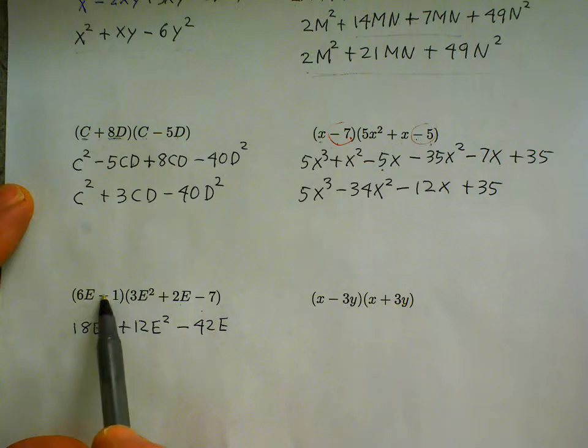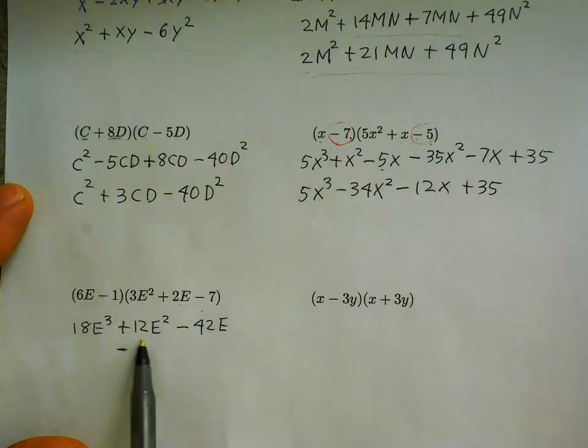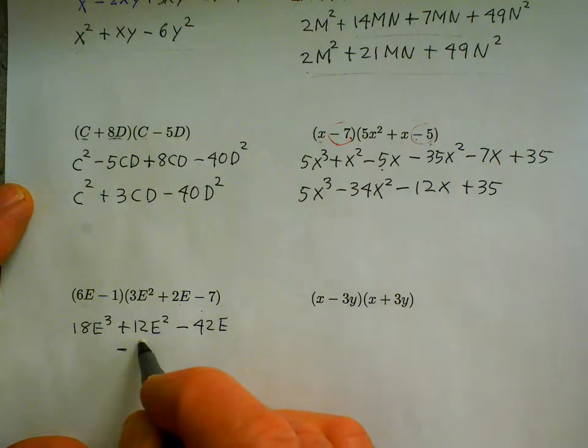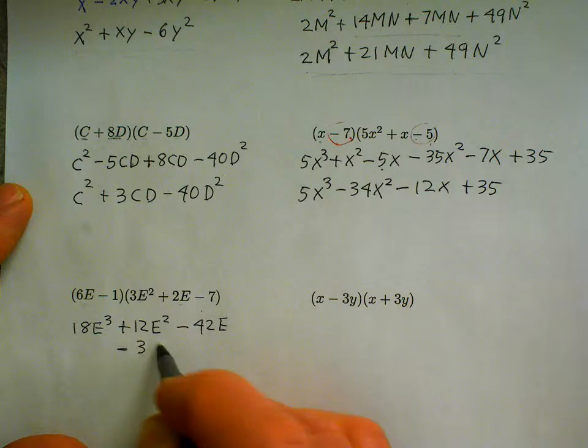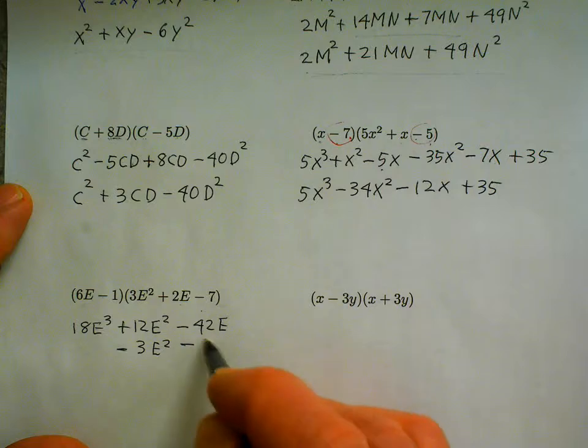So what we can do is put the terms in columns with terms that are like terms. So minus 3e to the second, I'll put that below the 12e to the second. And then minus 1 times 2e is minus 2e.